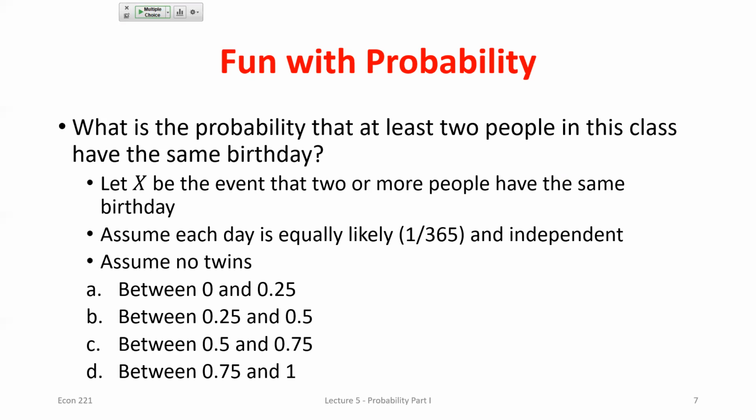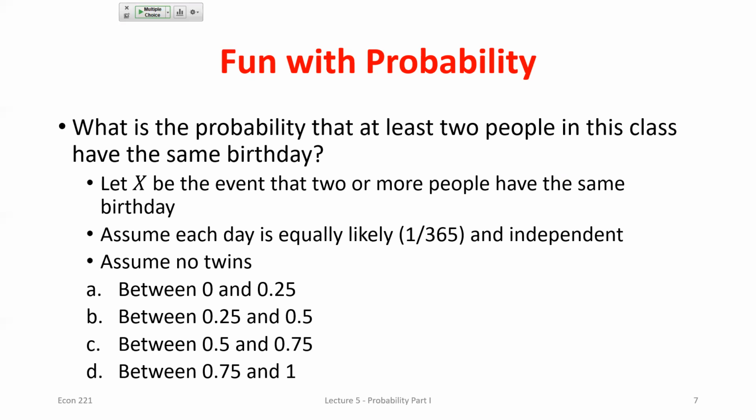So it could be that 2 people have the same birthday, or 3 people, and we would just be adding all those up. Well, notice they're mutually exclusive as well. I can only see exactly 2 or exactly 3 or exactly 4 people have the same birthday. So there's no intersections here. I'm going to see one number. So I'm basically thinking about X as just the probability I see 2 or more.